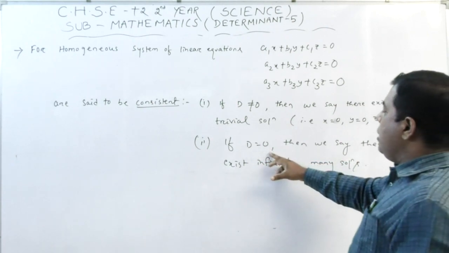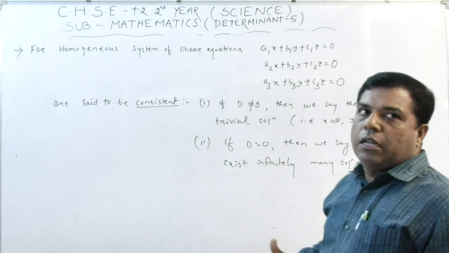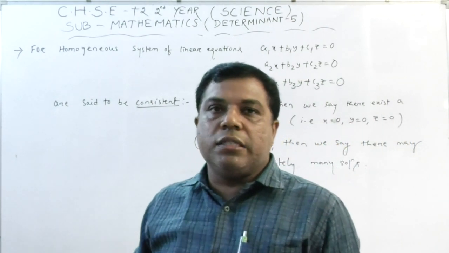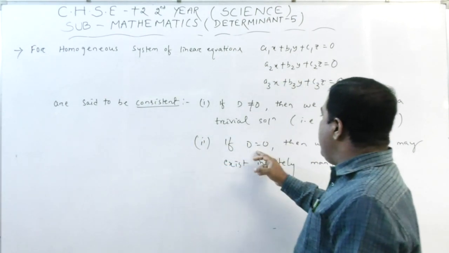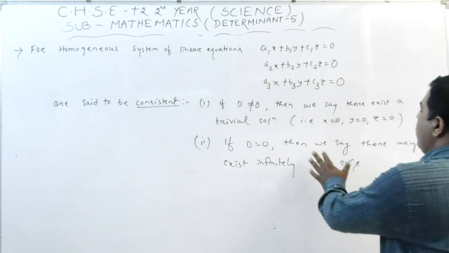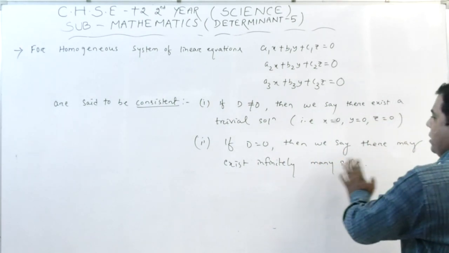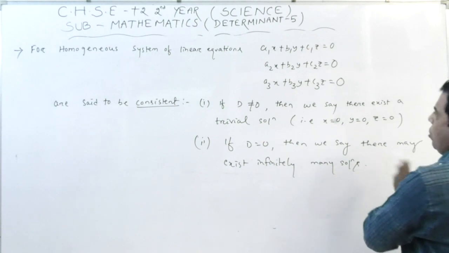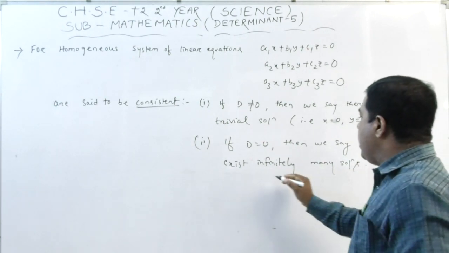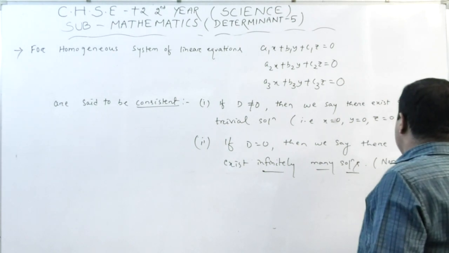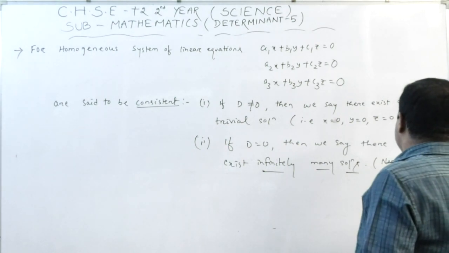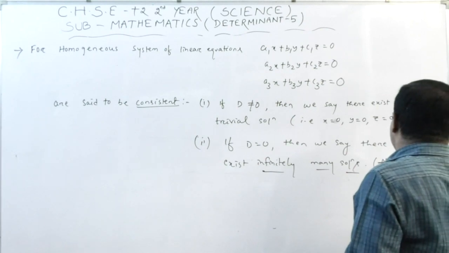And if the determinant is 0, obviously here, dear students, dx, dy, dz are always equal to 0. So if d is equal to 0, then there exist infinitely many solutions. This is very important. Those are non-trivial solutions also.